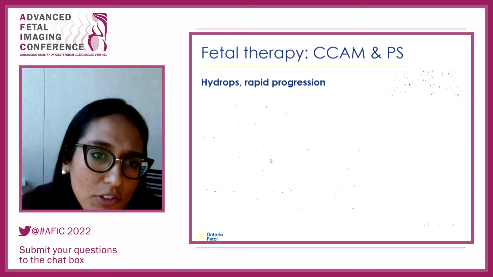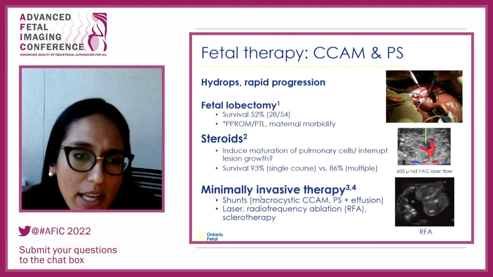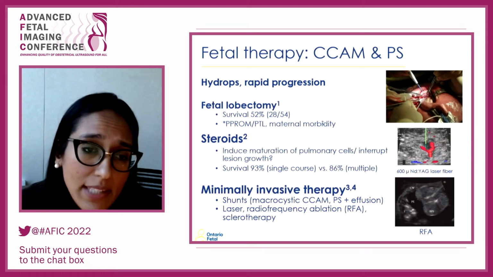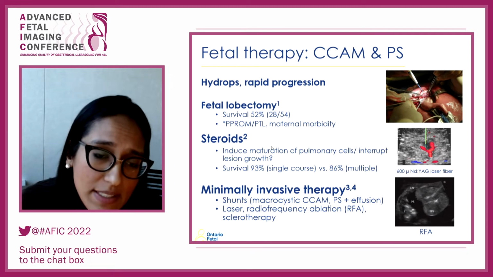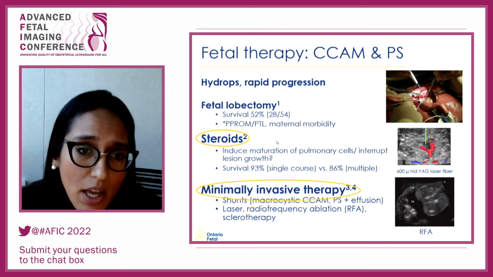So when do we actually intervene, or when should we think about referring? It's typically the hydrops and the rapidly progressive lesions. Historically, there was some fetal surgery offered where the lobe of that lung tissue was removed with open fetal surgery. This had obviously significant maternal morbidity without such an impressive fetal survival, so this has fallen out of favor.